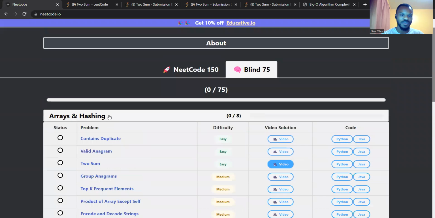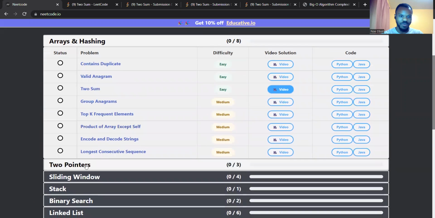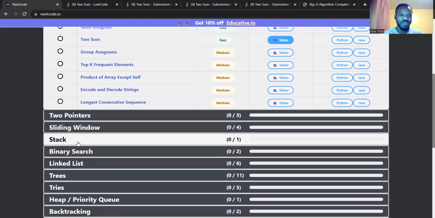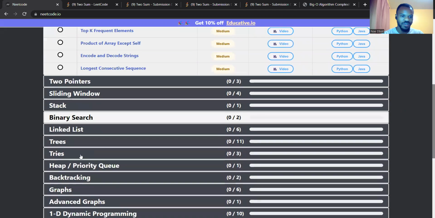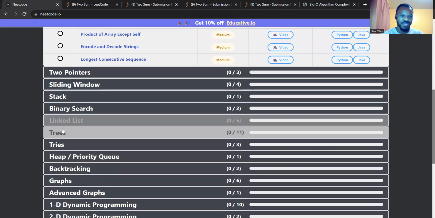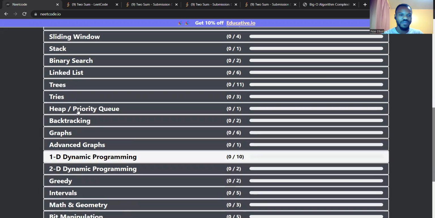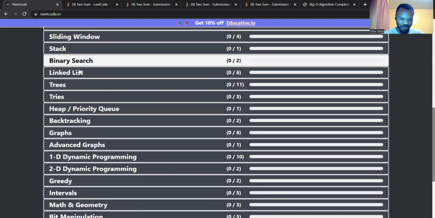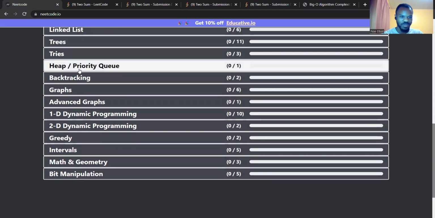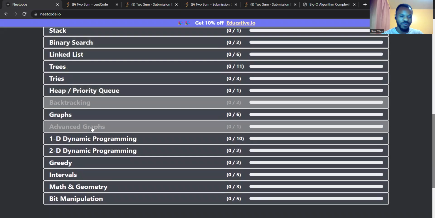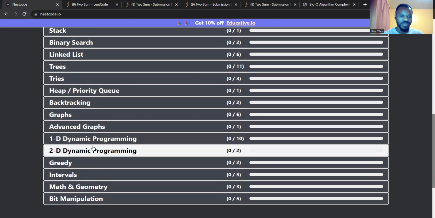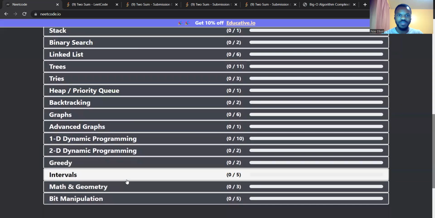In general, those patterns are arrays and hashing, two pointers, sliding windows. You have stacks, all sorts of data structures, stacks, lists, trees, heaps, graphs, and different types of algorithm, like simple binary search or more advanced algorithms like dynamic programming, greedy algorithms, and so on.